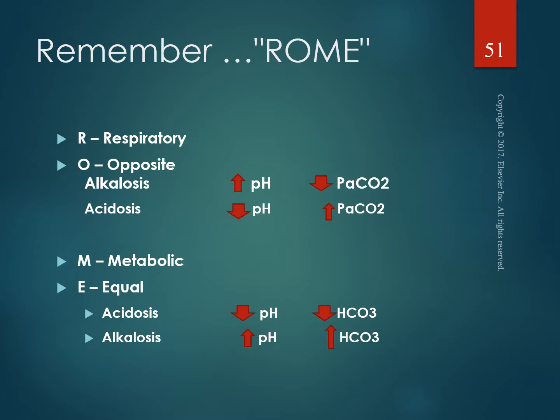For acidosis, your pH goes down and your PaCO2 goes up. For metabolic, it's equal. So with acidosis, your pH goes down and your HCO3 goes down. For alkalosis, your pH goes up and your HCO3 goes up.